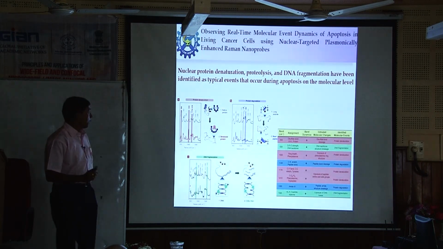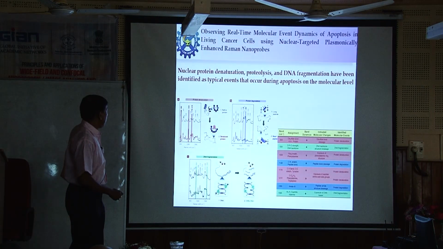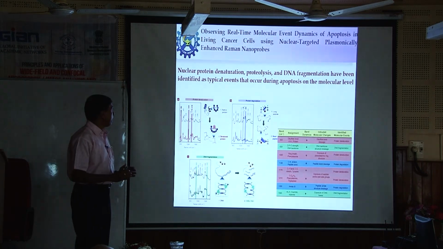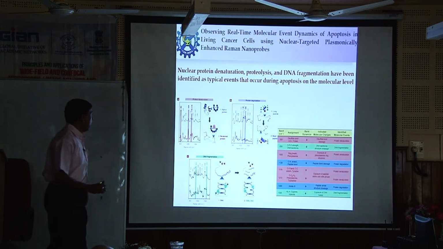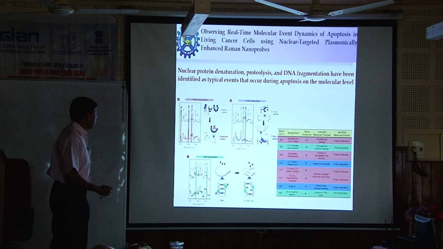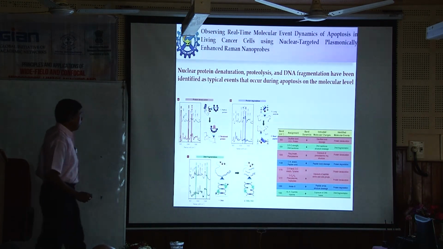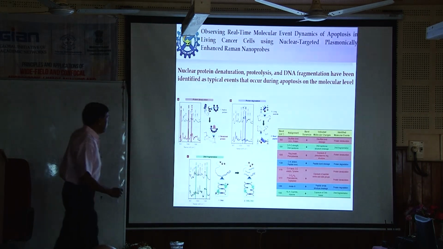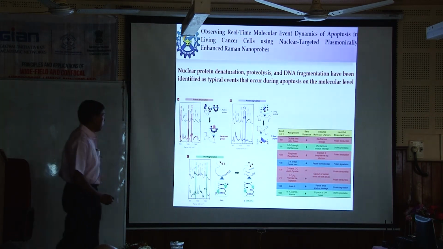There is another fine example in this area, where you induce apoptosis. It is a nuclear targeting and DNA cleavage is happening, and the DNA fragmentation can be nicely translated during the apoptosis. This is the protein denaturation: here you find the native stage of the protein and this is the denatured stage of the protein.